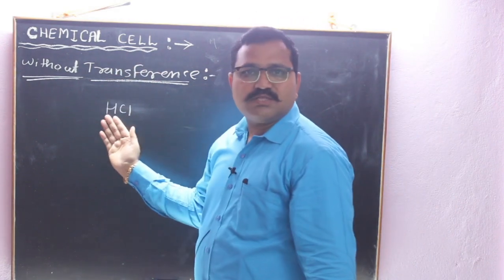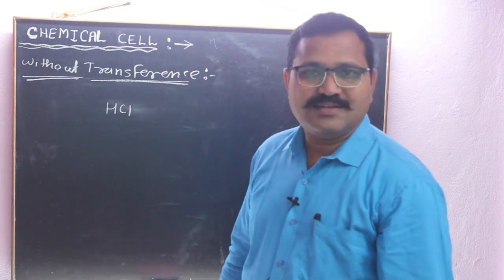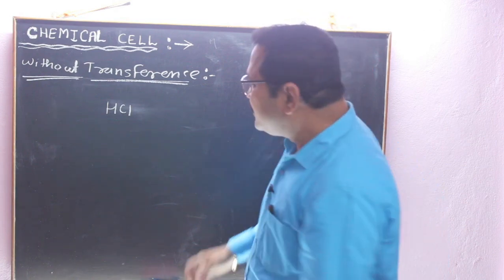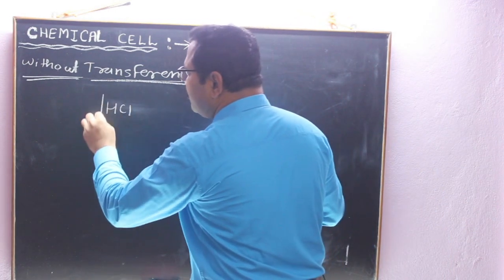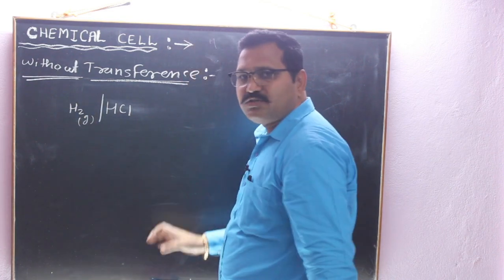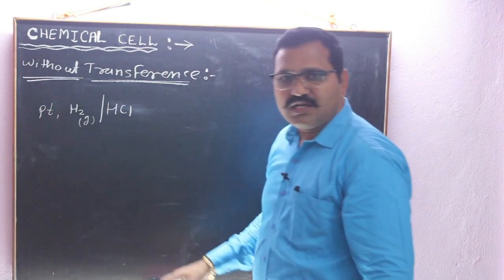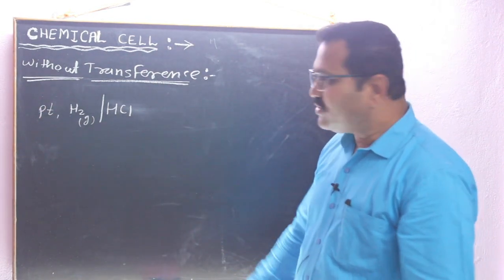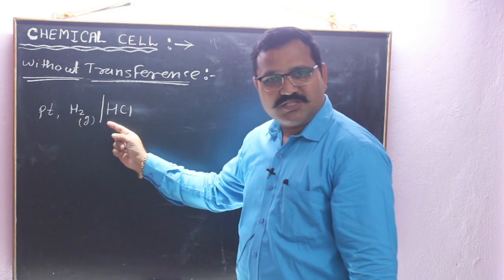One is reversible to cation, the other is reversible to anion. Here for the cation, the electrode will be H2. We are using hydrogen gas, that's why you have to take platinum for making electrical contact. Okay, platinum H2 H plus. Here H plus is from HCl.